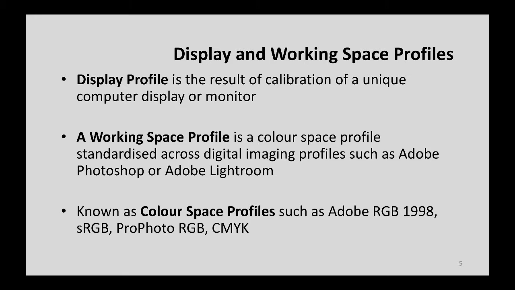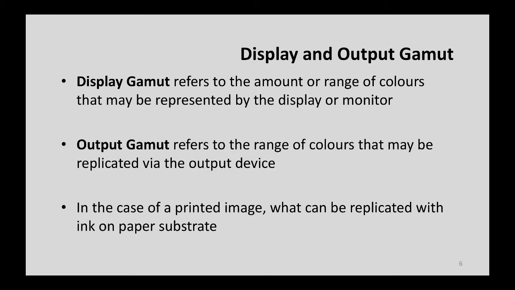So remember that a digitized colored image is captured in RGB, red, green and blue. Computer monitors display RGB values on screen, and all transmitted light devices operate in additive RGB color spaces. Display gamut refers to the amount or range of colors that may be represented by your monitor or display.